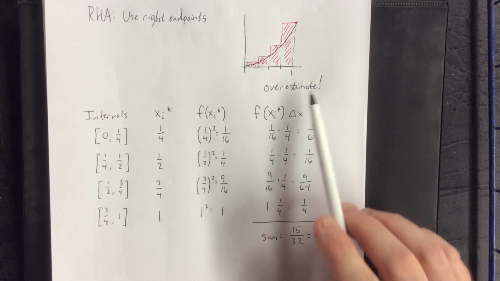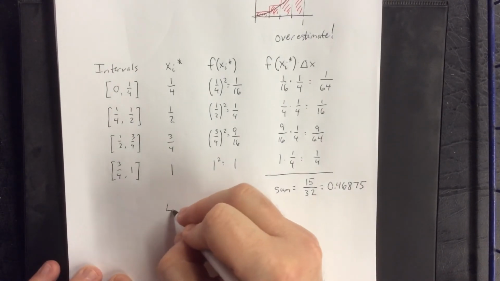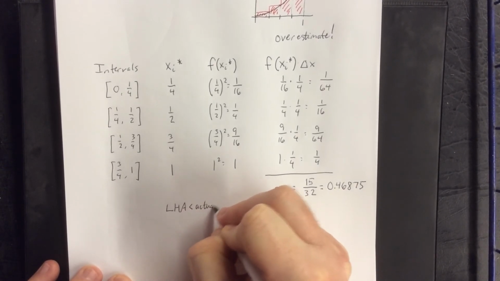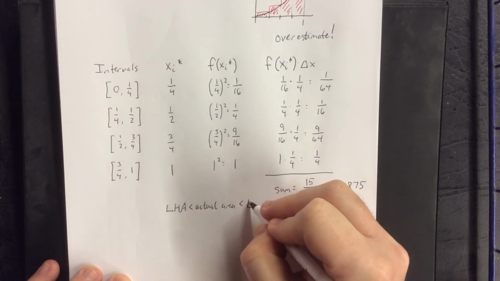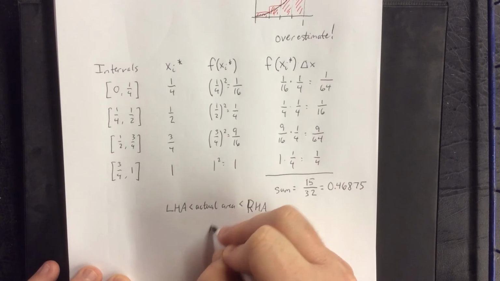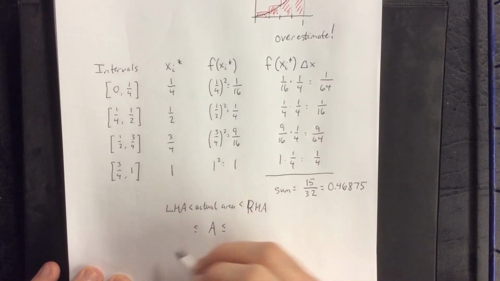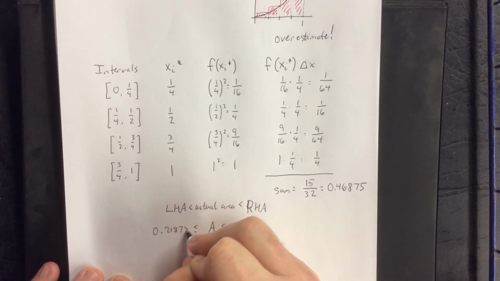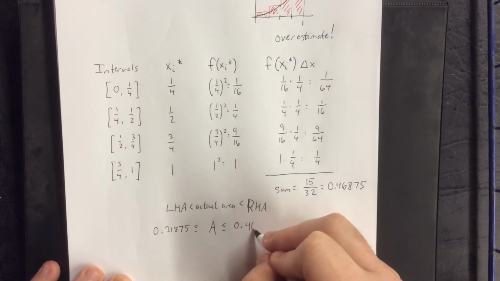I've already mentioned this is an overestimate for the area. So based off of the underestimate, I know that the actual area is going to be between these 2 values. I can probably just use less than rather than less than or equal to. But the actual area is going to be somewhere between these 2 values.